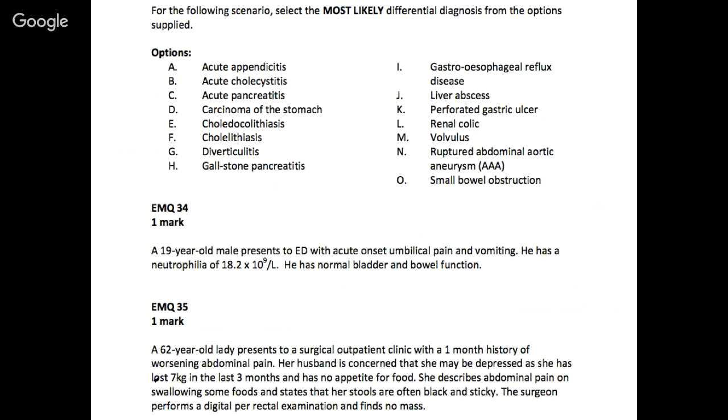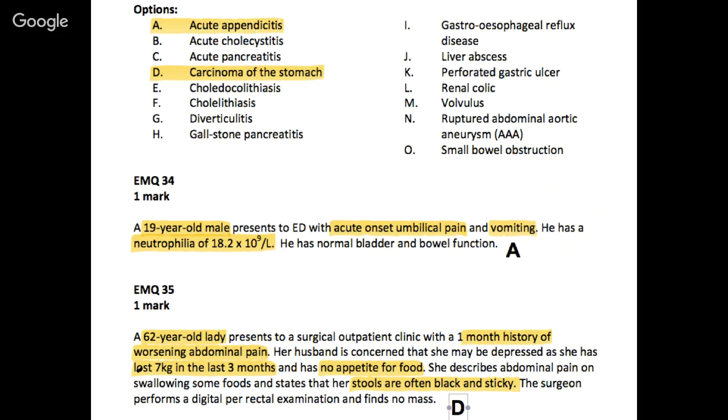Okay, second question. D, good. So, yeah, stools are often black and sticky. Loss of weight in an exam setting, think of cancer pretty much straight away. She's got melena, loss of appetite, loss of weight, and worsening abdominal pain.